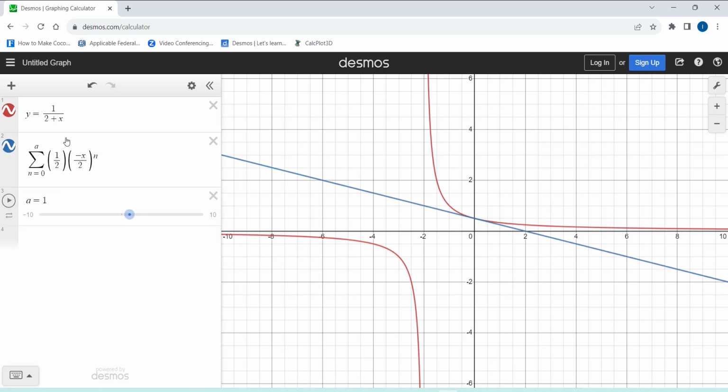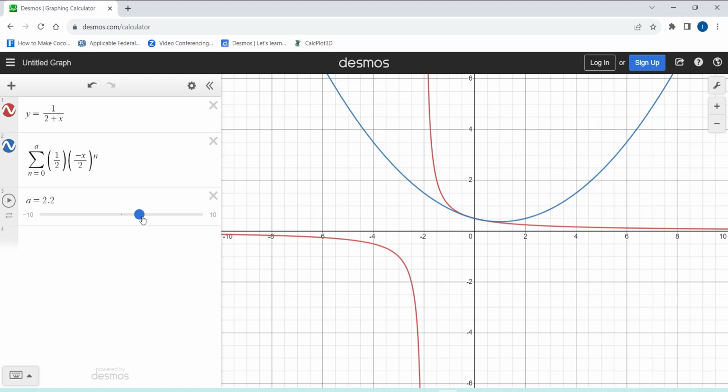So this summation here, which is the blue line that you see here, notice as we get closer and closer to infinity, the blue graph wants to be this red graph. And remember, the red graph is the one that we initially started with, the 1 over 2 plus x. And it's also centered at 0.